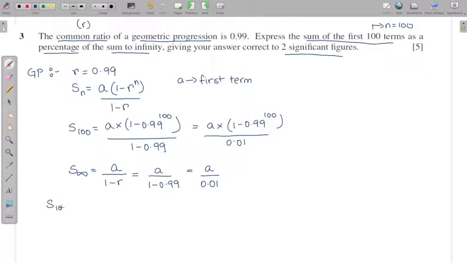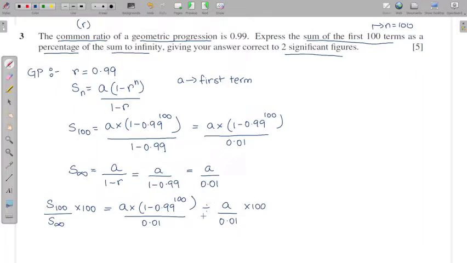So it is the expression of the sum of the first 100 terms by the sum to infinity into 100. So that is equal to a into 1 minus 0.99 to the power of 100 by 0.01 divided by the expression for the sum to infinity that we got, which is a by 0.01, into 100.